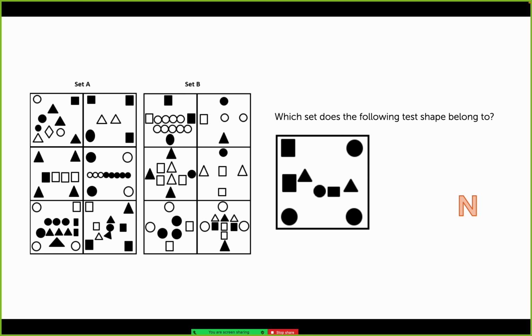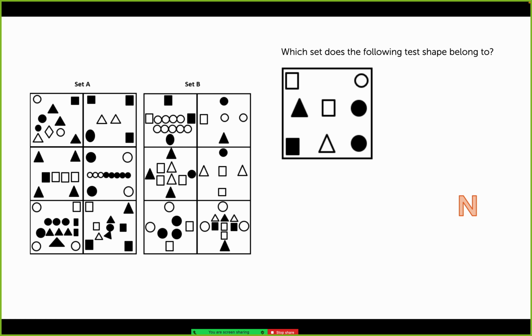All black itself does not fit with either. That is number 1. Second, the shape given also has a shape in the side which is quite odd, which doesn't fit with A or B. So the answer is neither. So give good importance to neither. Don't think that neither is something bad. Neither is equally a good one.